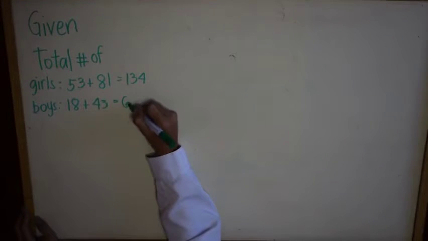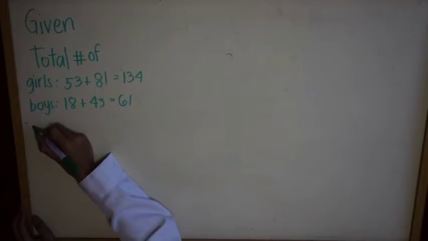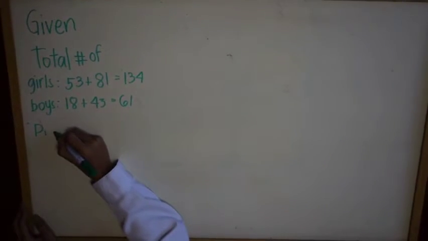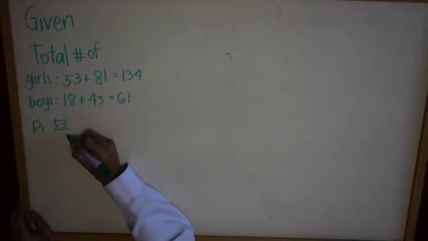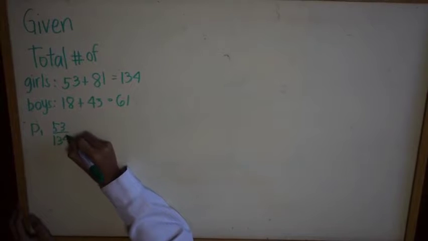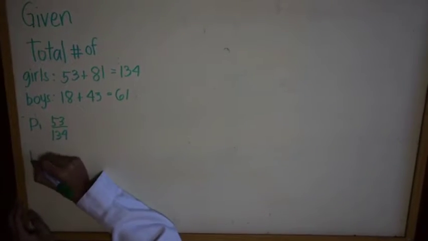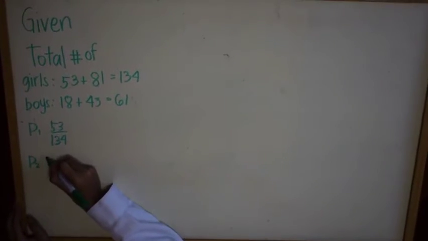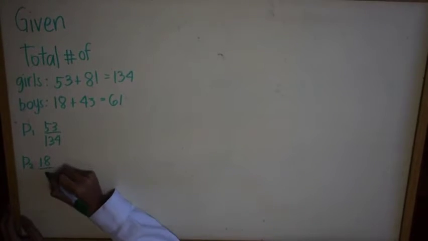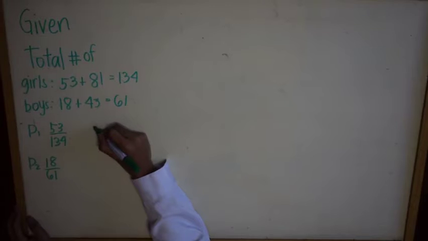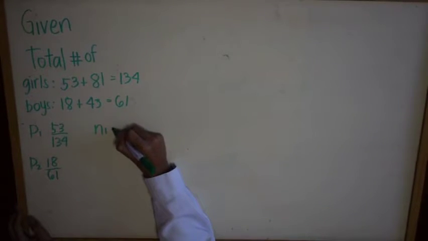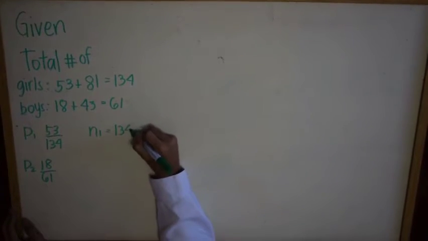For our P1, we will have 53 over 134. For our P2, we will have 18 over 61. Our N1 is equal to 134 and our N2 is equal to 61.